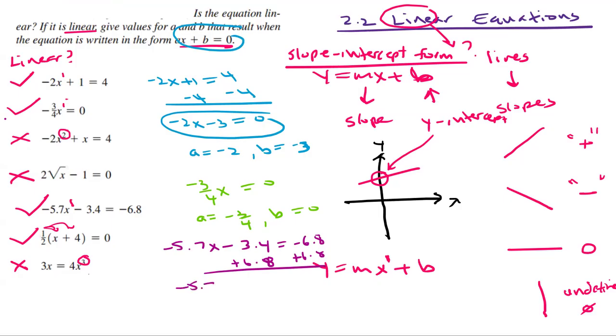So we get negative 5.7x, okay, plus 3.4 equals 0. Okay. So in this case, A is negative 5.7 and B is 3.4.